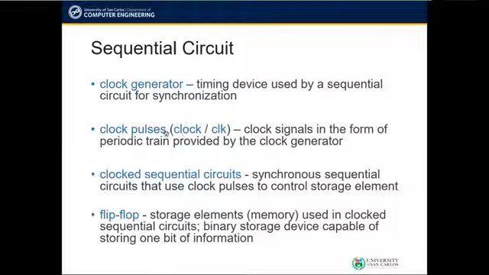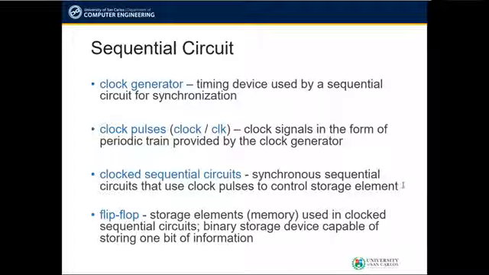The second item is clock pulses, often called just clock or CLK. Clock signals come from clock generators in the form of a periodic train. This means that the signal is made up of a series of oscillating values of ones and zeros.